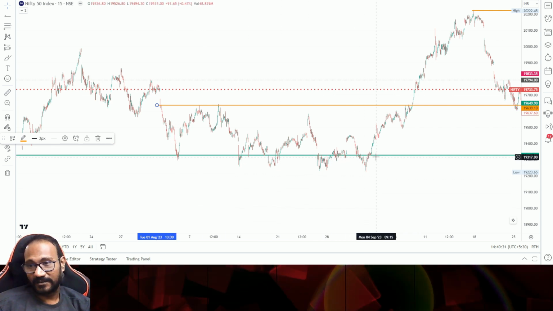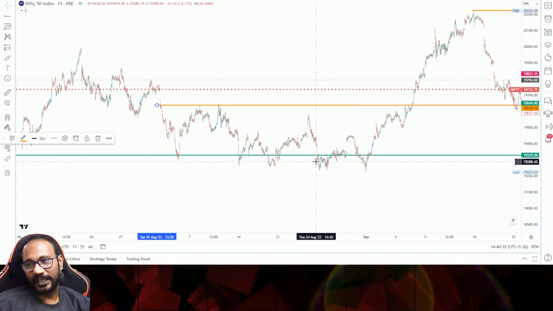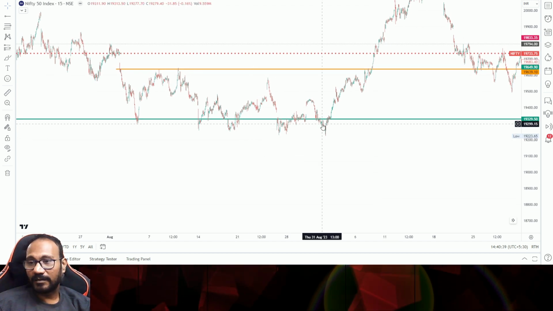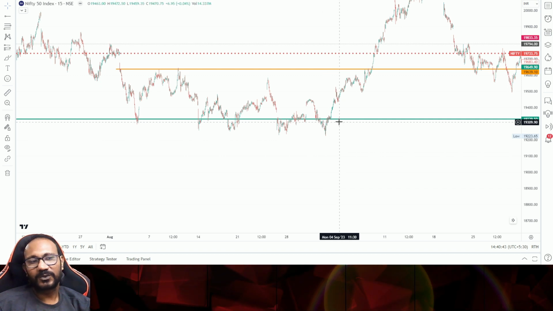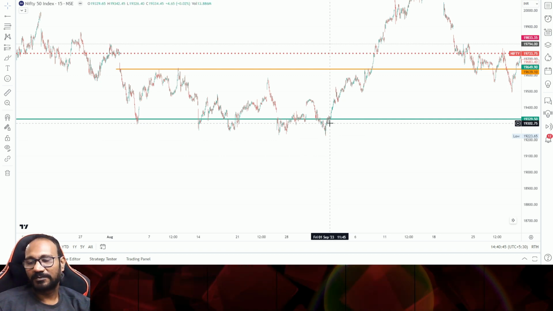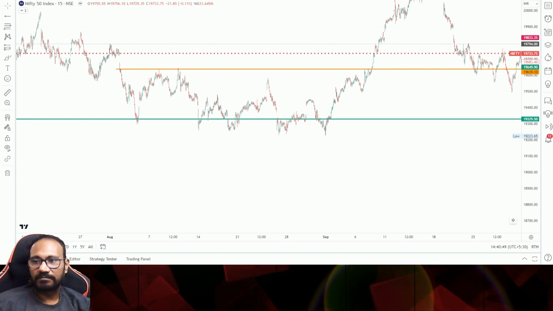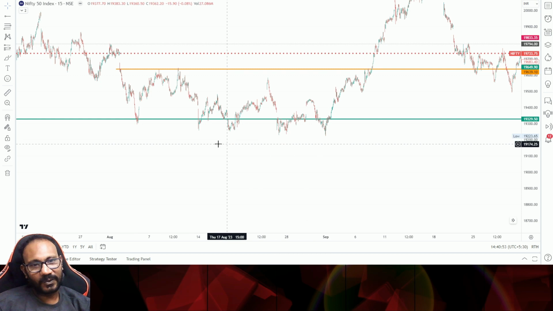Very likely, big players will make some surprising attacking moves when it reaches here, because the fourth or fifth time they may actually break it and drag it down badly. In this case, probably this is also a support zone.